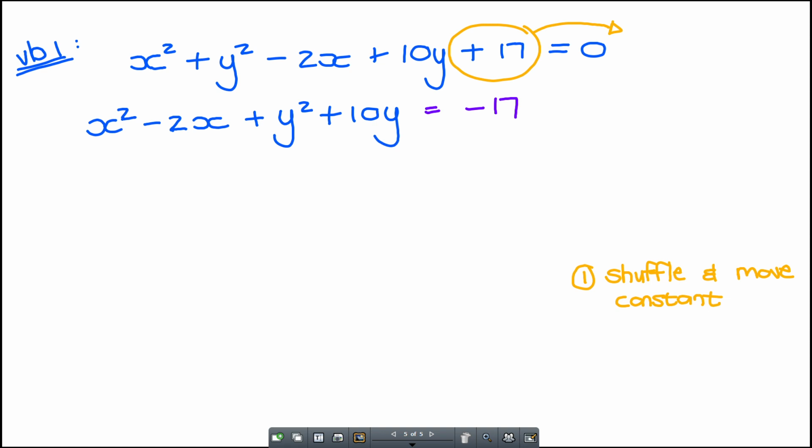That trinomial equal to radius squared. Okay, but I need a constant here. And I need a constant there. No. Are you right? Okay, now this is the part where completing the square comes in.